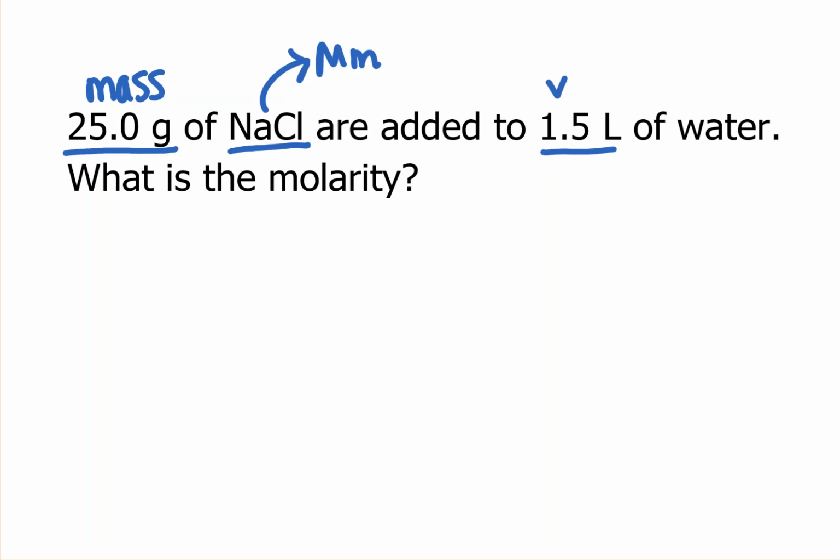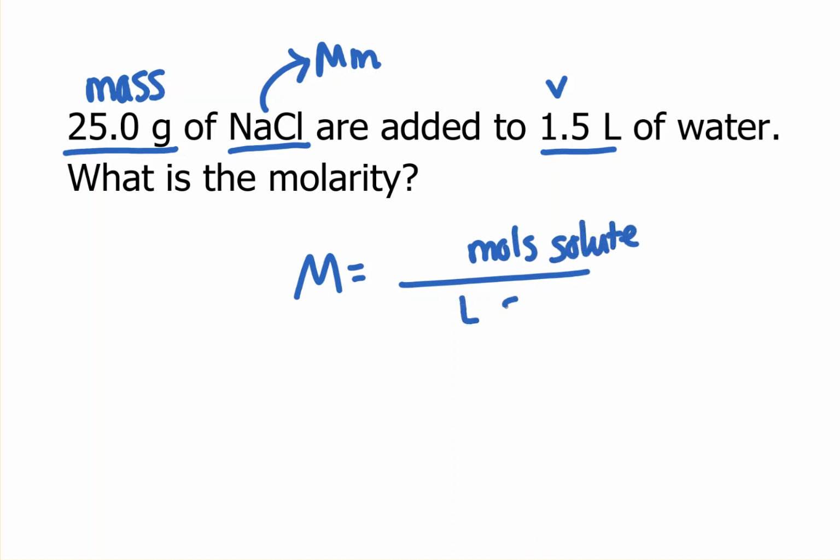And then we think about, do we have an equation to solve for molarity? And we do. We have this equation. And then since this is a solution of sodium chloride, that's what this is right there.